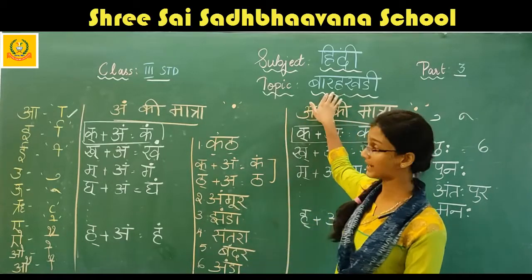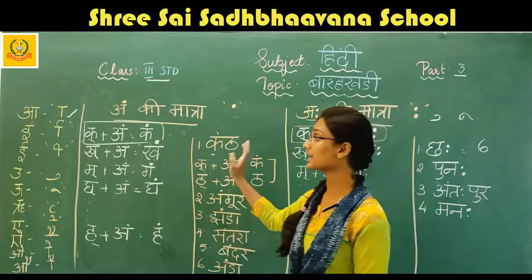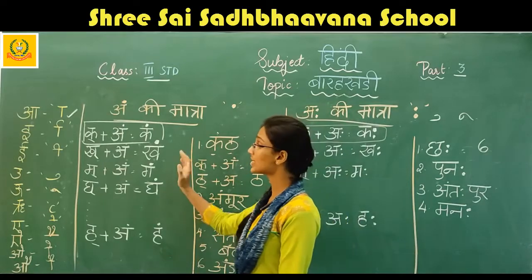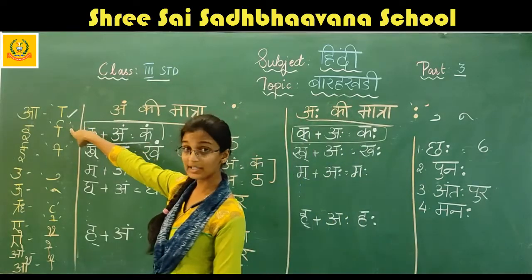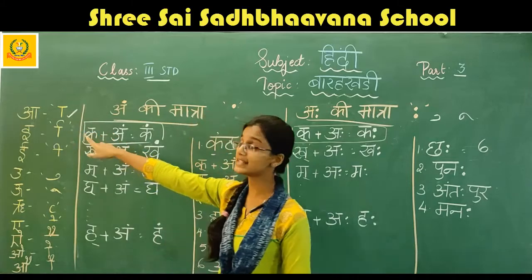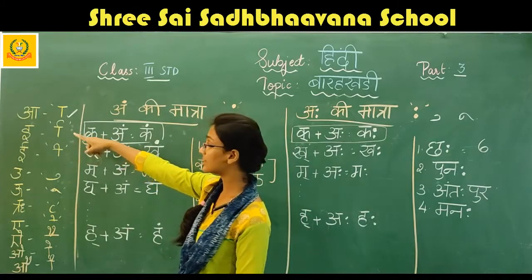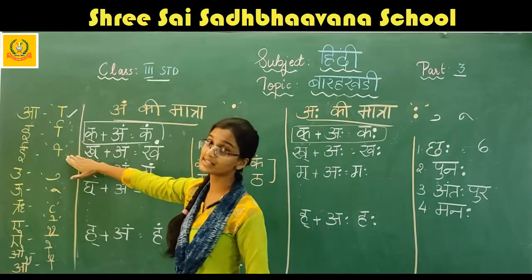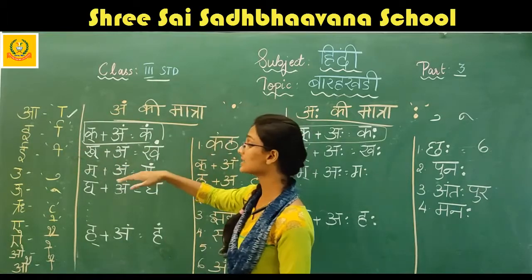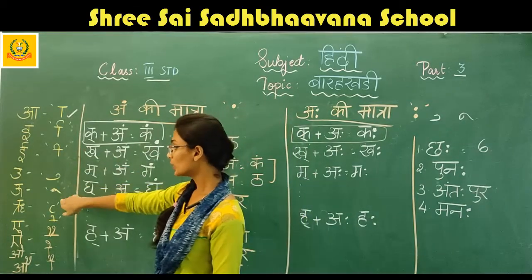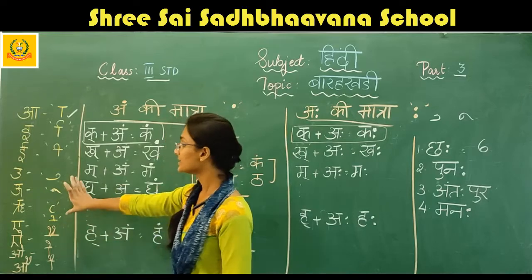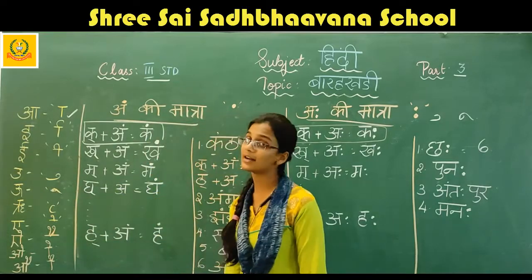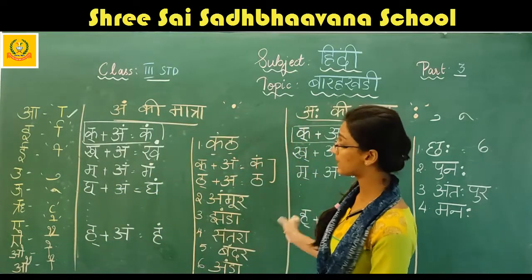Now we learned Bharakadi with matras. In A ki matra you can see the symbol. Then E ki matra in the first class of Bharakadi. Next class we learned U, Ru and A. These are the 4 letters we learned in the second class of Bharakadi.